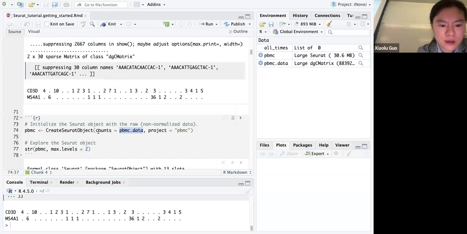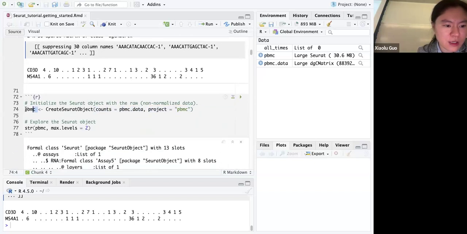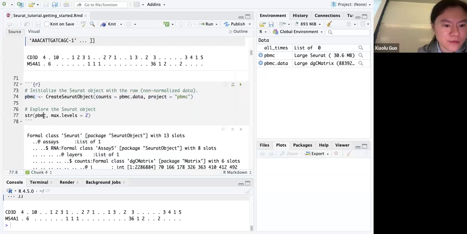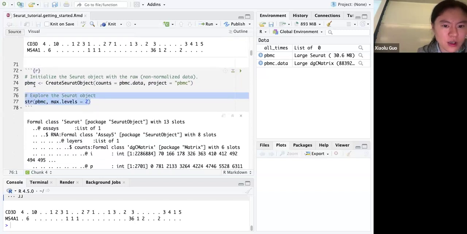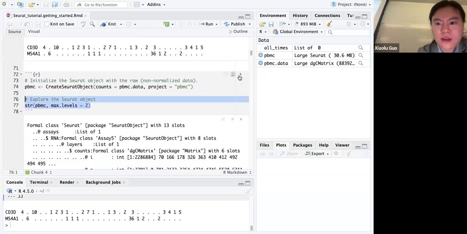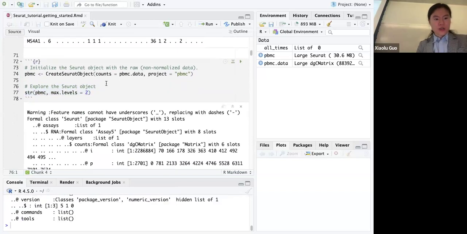We input it to this function, the project name is PBMC, and then we can initialize this object and see what it looks like. That's this part.